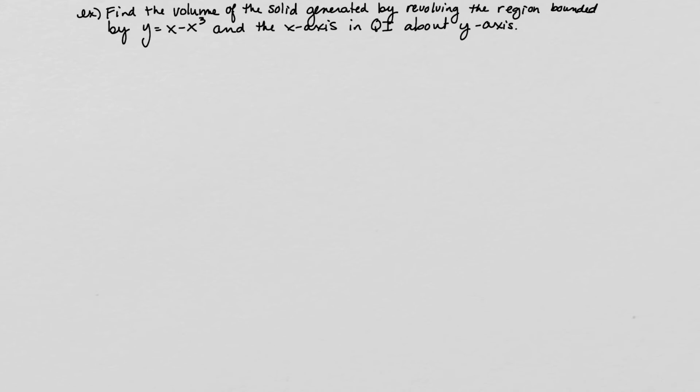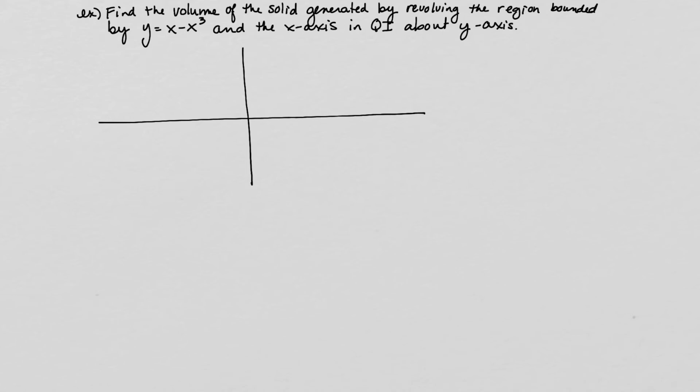Okay, so I'm going to draw the picture first. I'm going to make the picture fairly large in this one since it's the first time we're doing it, so that we can see what's really going on. You might not know what x minus x cubed looks like, and that's okay.